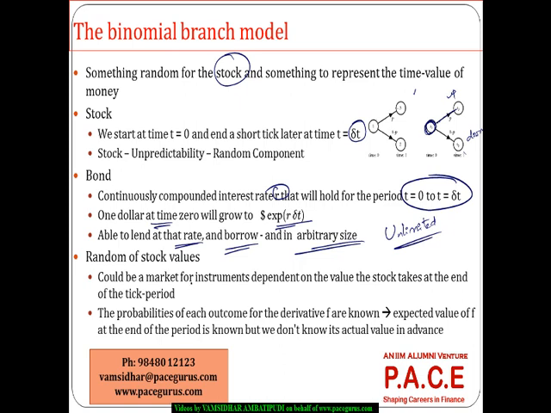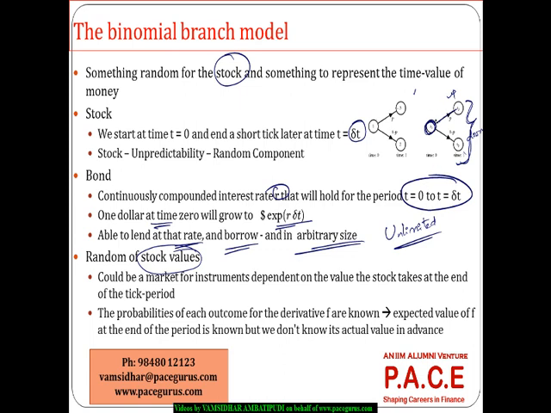Now, the biggest problem comes from the randomness of the stock values. I don't even know which of these two things the market is going to take at the end of delta t.